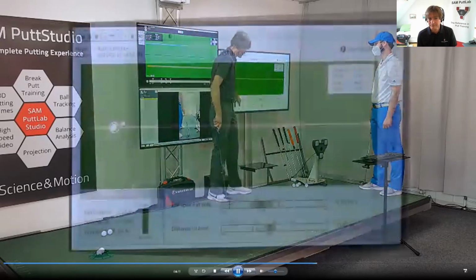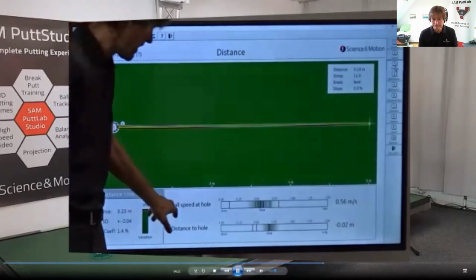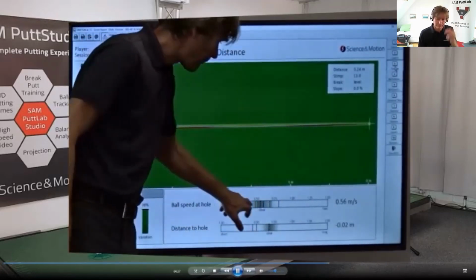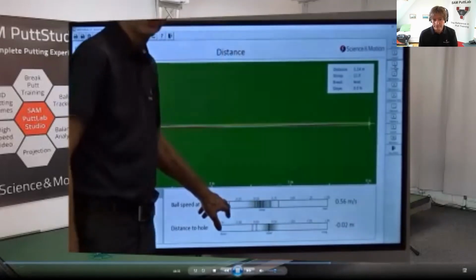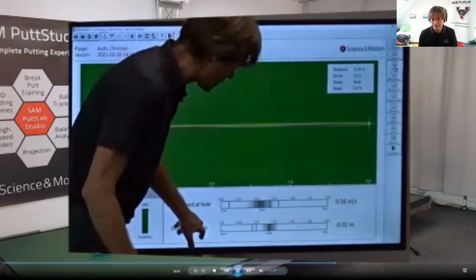So he met the ideal speed at the hole also for 6 of the putts very closely. One was off because it was too short, and then the distance to the hole was certainly because the balls were holed ideal for most of the putts.